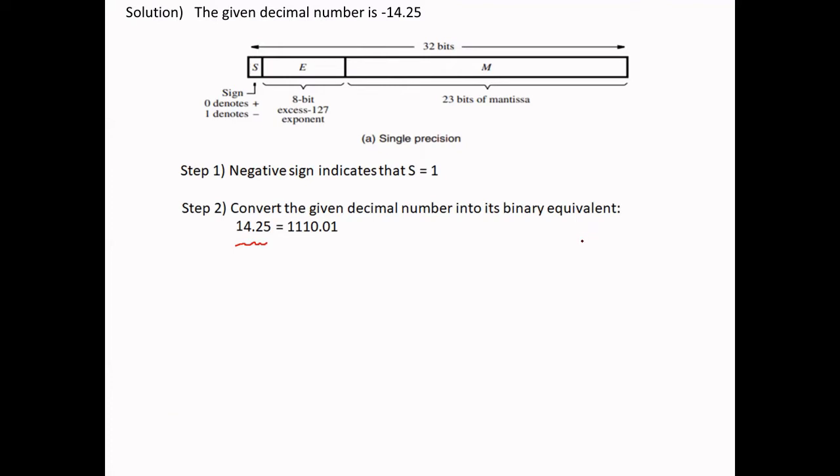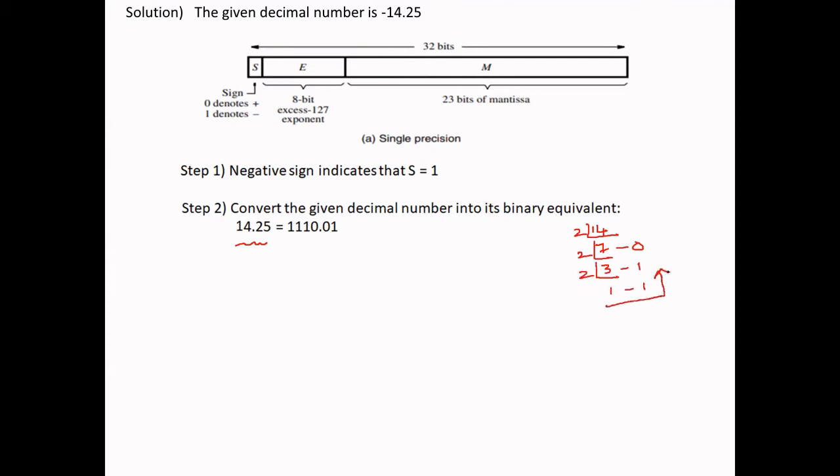How to convert: divisions and multiplications. Let us say 14 divided by 2 is 7, remainder 0. Then 3, remainder 1. Then 1, remainder 1.